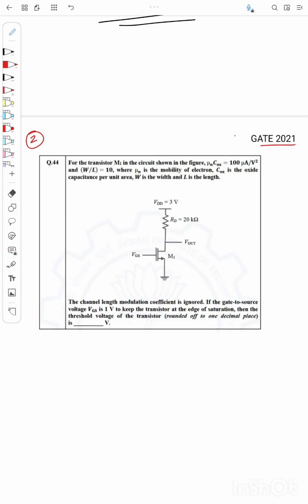So here for M1, mu n COX is 100 microampere per volt square, and W by L is 10.